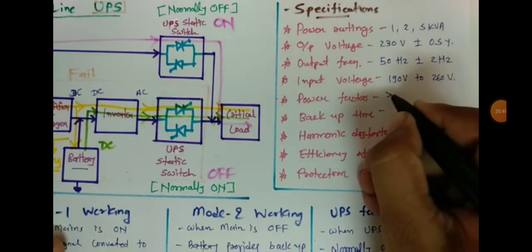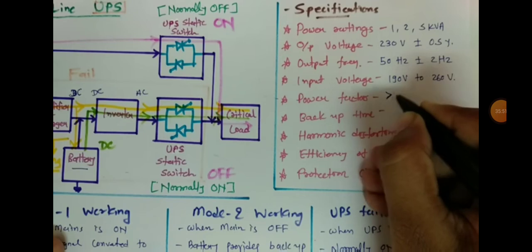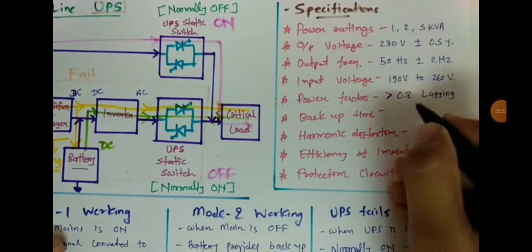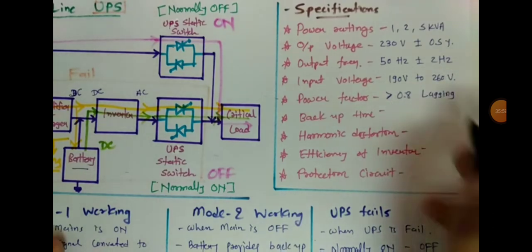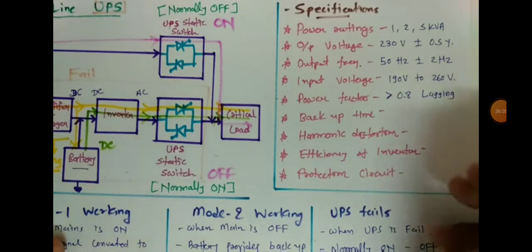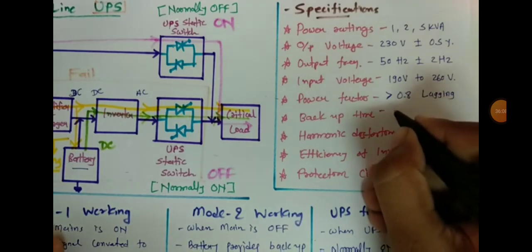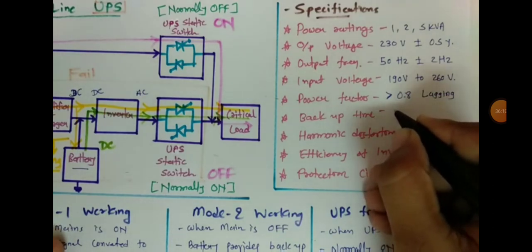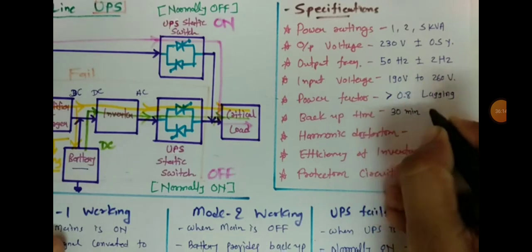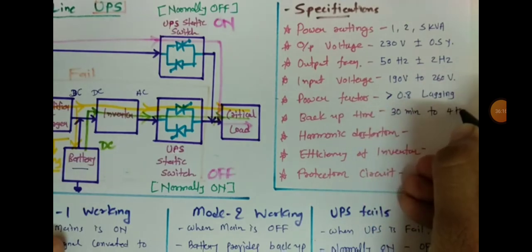Power factor should be greater than 0.8, and it is utilized as lagging because of inductive load. Backup time available with this online UPS is from 30 minutes to 4 hours.